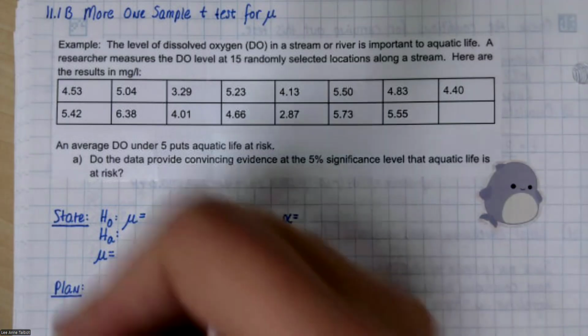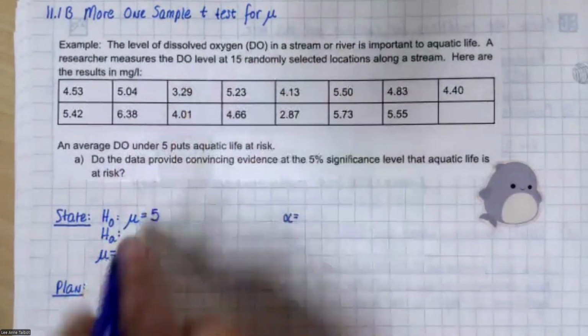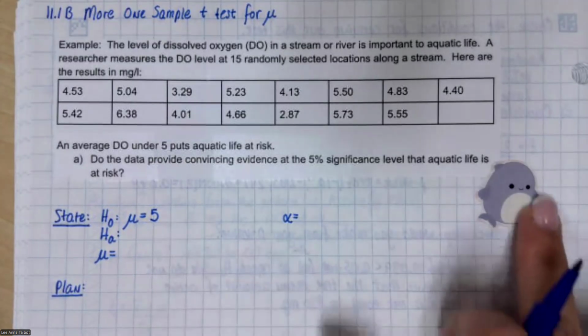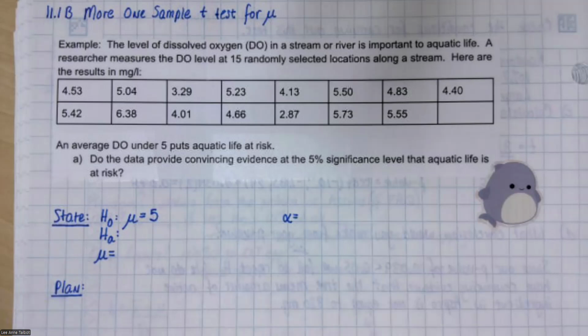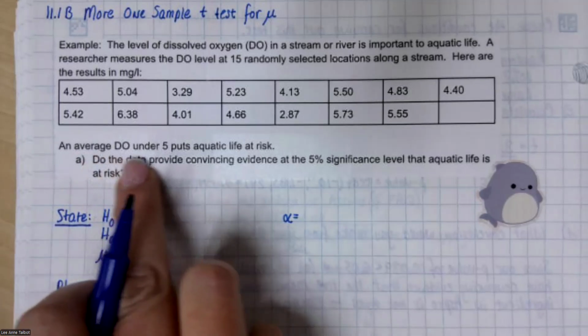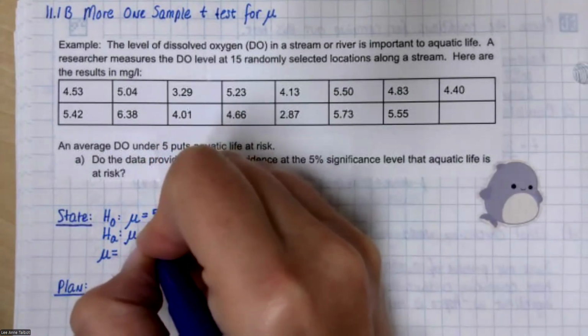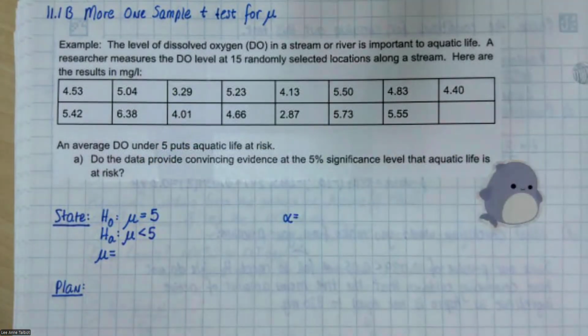Five. Yeah, but this is everything's okay, totally fine, no aquatic life at risk at all. This guy's perfectly healthy. Look at him, he's adorable. Okay, and then an average DO under 5 puts aquatic life at risk, so we're concerned that it's less than 5.